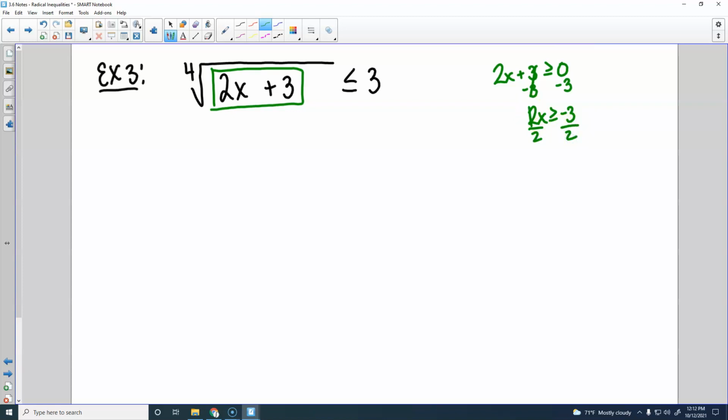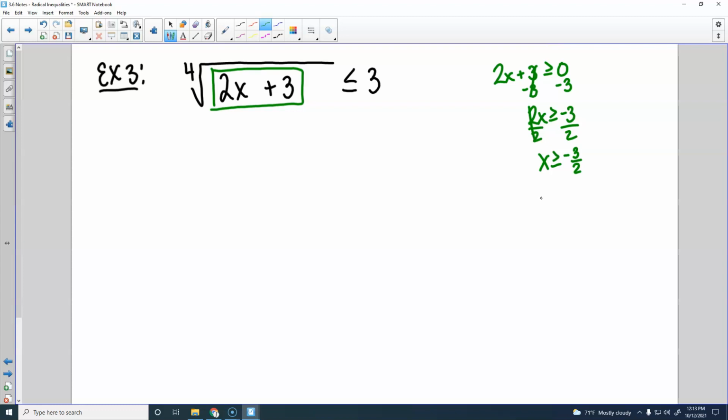Divide by your 2. X is greater than or equal to negative 3 halves. So that's our domain. It may or may not end up affecting our answer. I think it's more likely for it to affect our answer since I got this less than sign here.